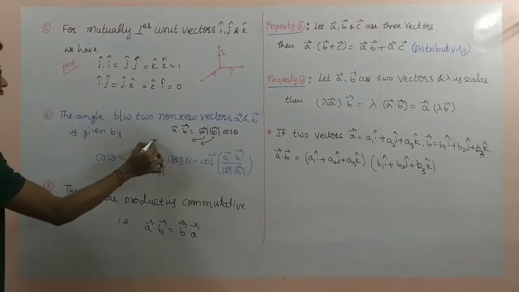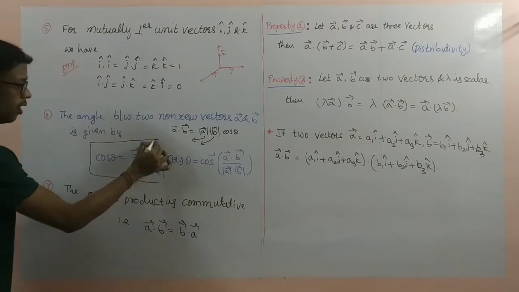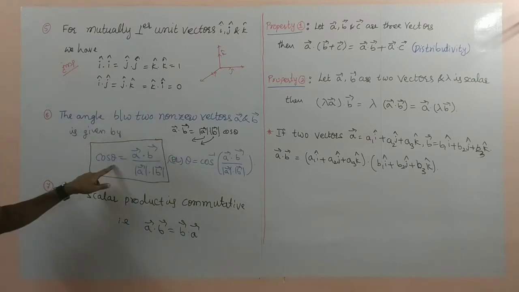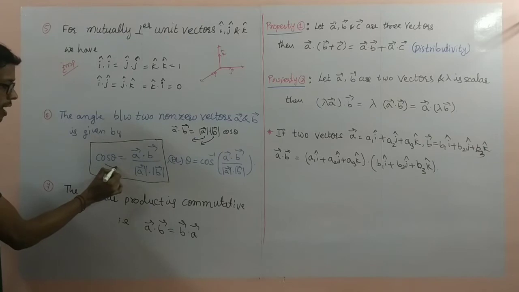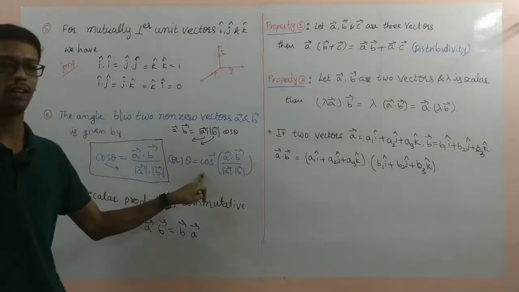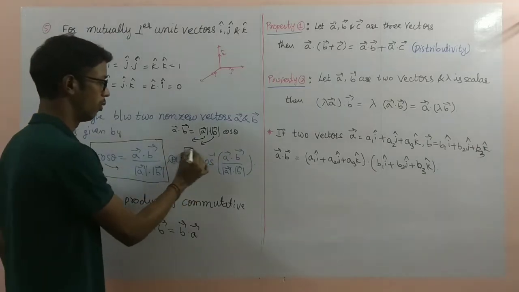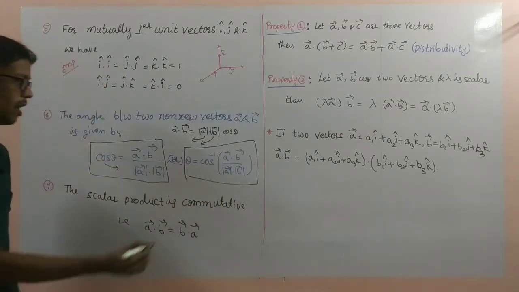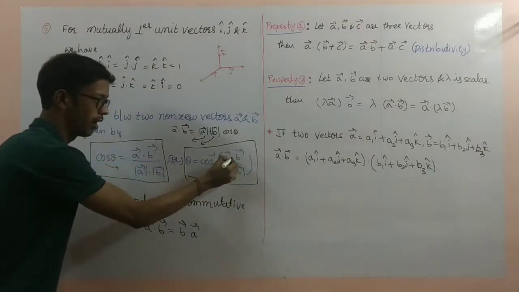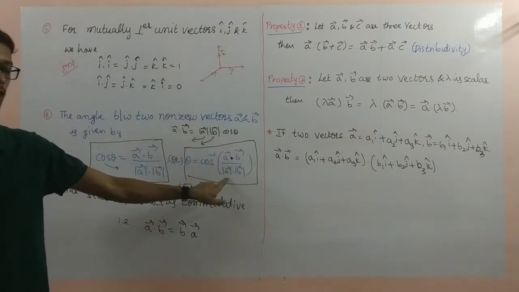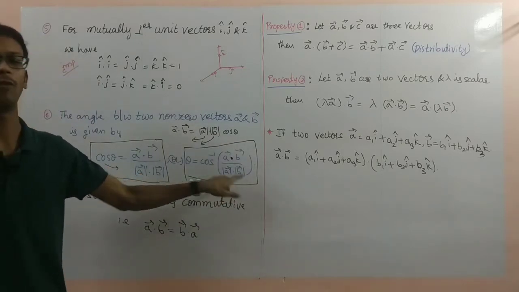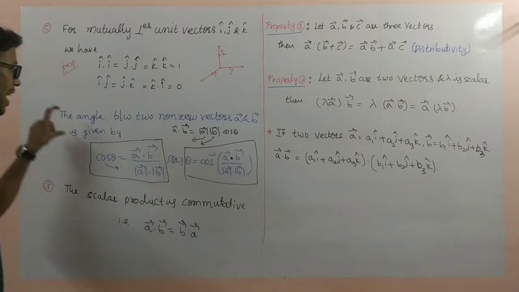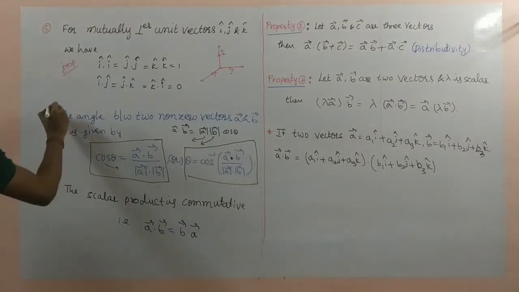So this is the angle between two vectors. Or theta equal to, if you send cos to the right side, cos inverse, you will get theta is equal to cos inverse of A bar dot B bar by magnitude of A bar into magnitude of B bar. So this is the angle between two vectors. Important point.